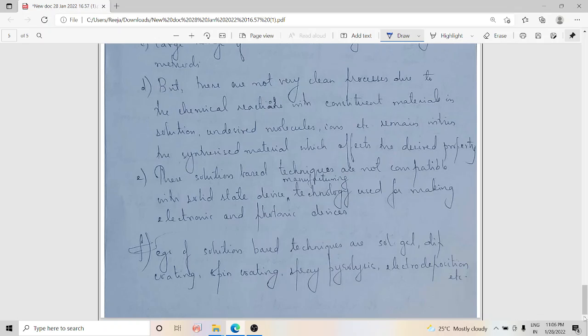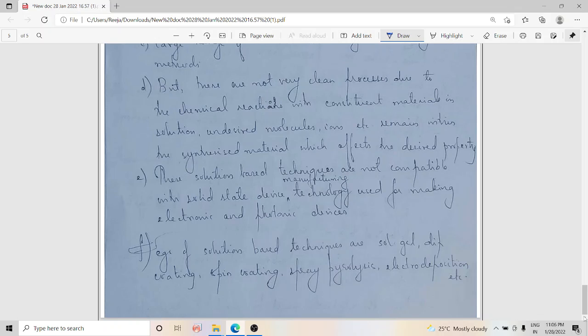So, in today's class, we have discussed the two approaches which are used for nanomaterial synthesis. Next, we discussed the classification of the actual nanomaterial fabrication techniques into two, that is, lithographic techniques and non-lithographic techniques.